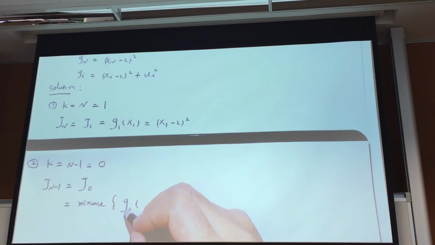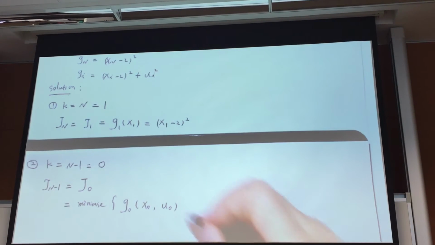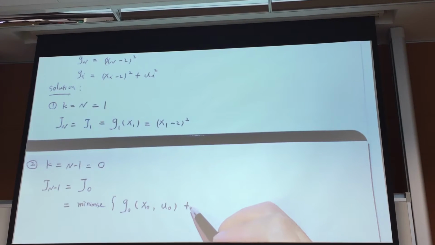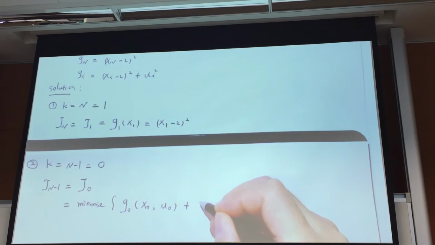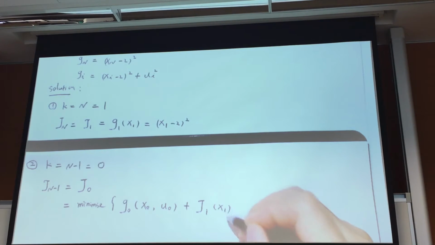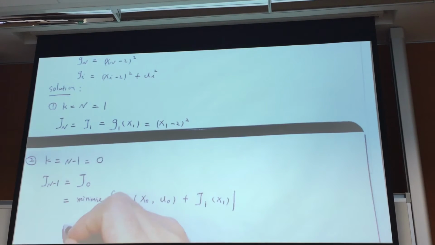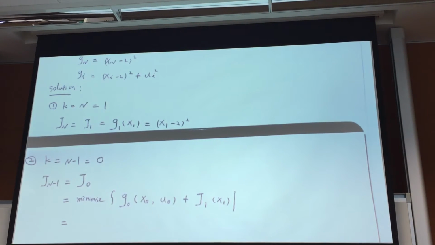So g0 of x0, u0, plus the optimal solution from the next state, which will be J1 of x1.